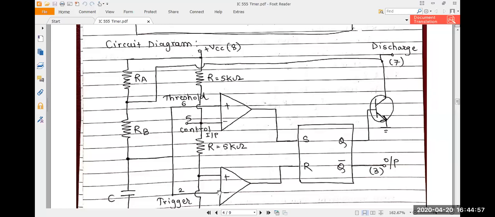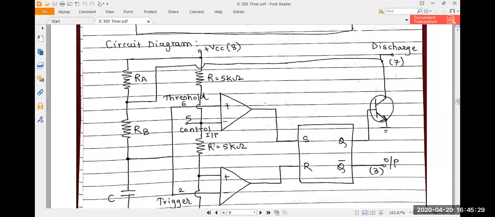I repeat, in case of astable multivibrator, the threshold input and the trigger input both are connected together, and it is actually connected across the capacitor. So whatever is the voltage across the capacitor, that voltage will appear as the threshold voltage input to comparator 1 and the trigger voltage to comparator 2.